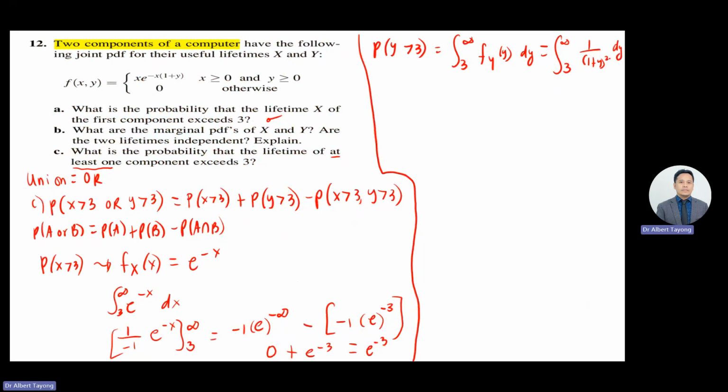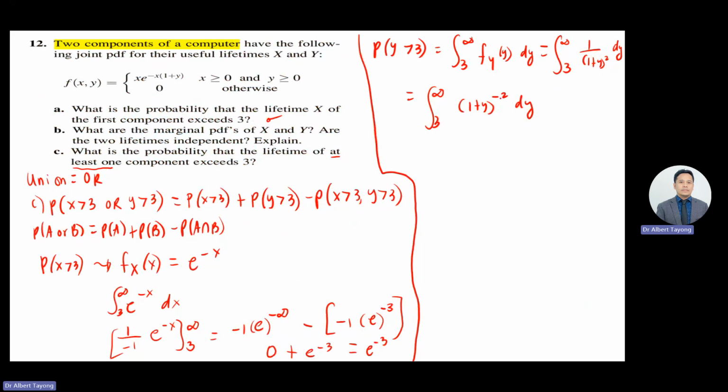So we have to integrate with respect to y, and we are going to replace the limits with infinity and 3. So 1 over 1 plus y squared, from 3 to infinity. We can transfer 1 plus y raised to the power of 2 above. That becomes 1 plus y raised to the power of negative 2 dy. So easily we can integrate.